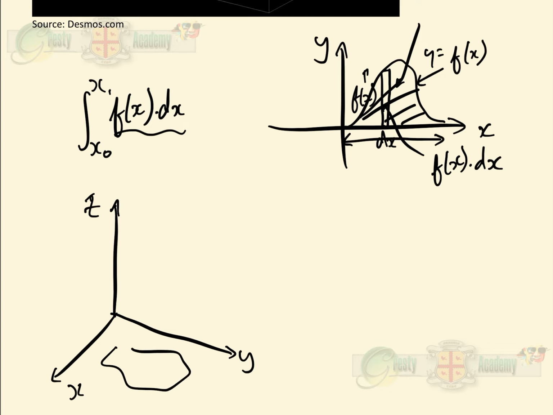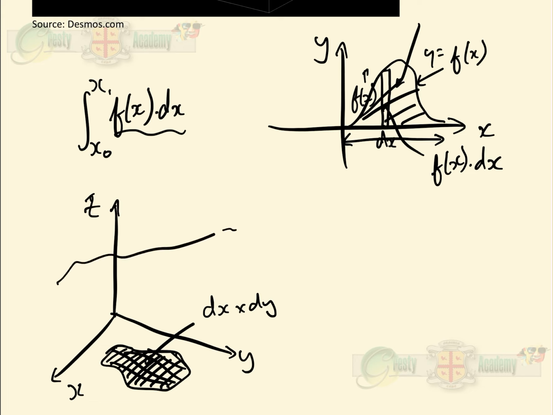In the xy plane, we have some sort of area here, and we are going to crisscross this area, getting a load of little squares, which are dx times dy. Then up in z somewhere, we are going to have some surface, and we're going to build cuboids, a little bit like the skyline of Manhattan or Singapore.